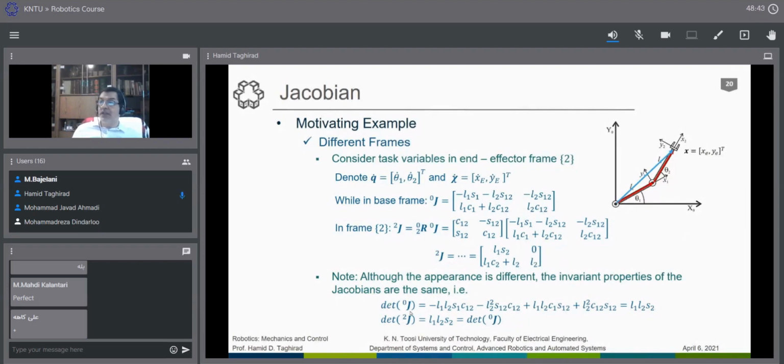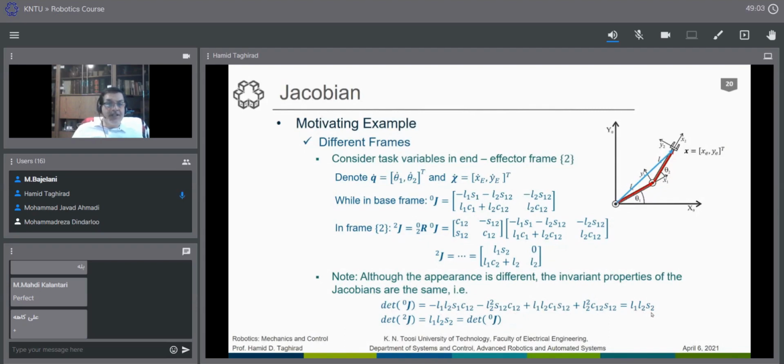You see that if we find the determinant of this matrix, just multiply this by this and then simplify, you find these two terms are going out, and these two terms we have C12, S12. This will also reduce to L1, L2, S2.